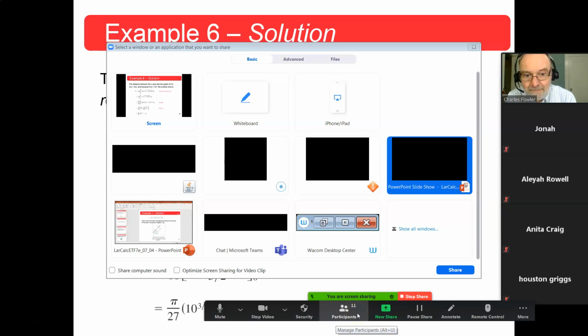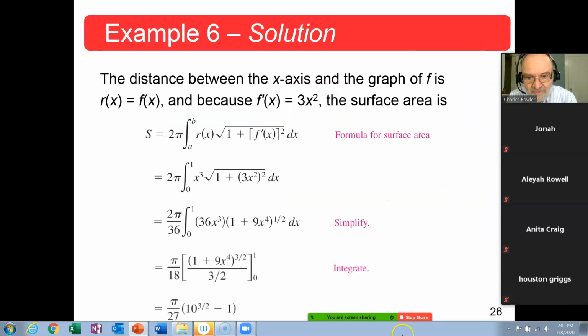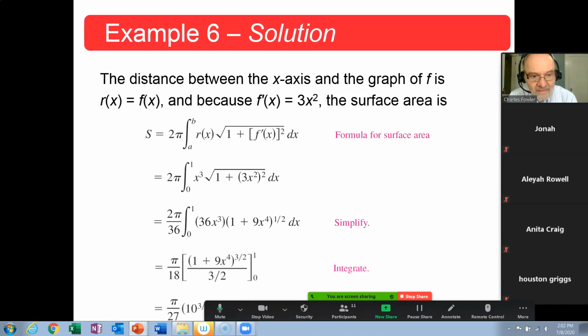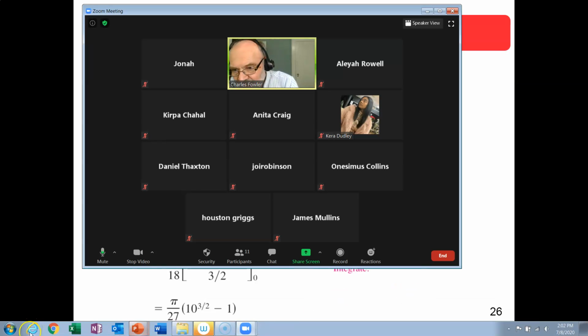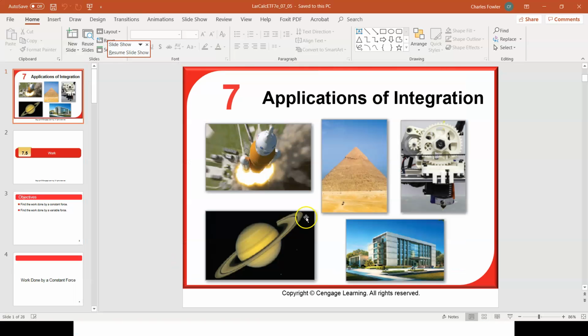Well, I hate to do this, but the only thing I can see that I can do now. Let me close that for a moment and stop sharing for a moment. Now I can see it. There's 7.5. I knew I had it up here.